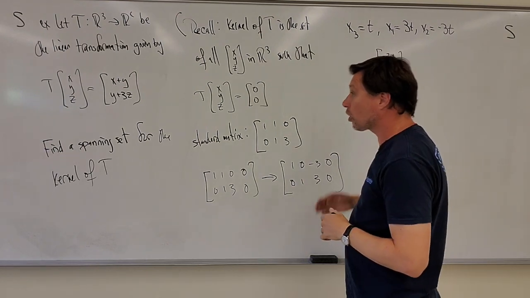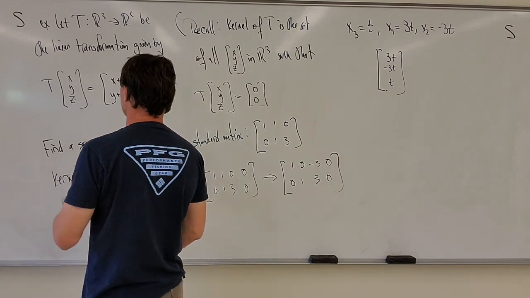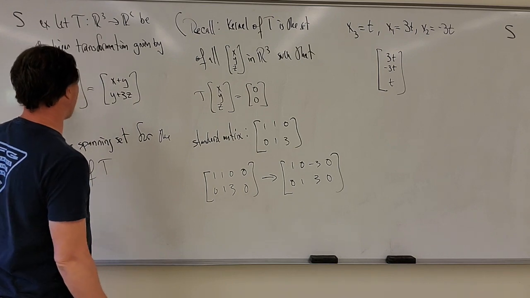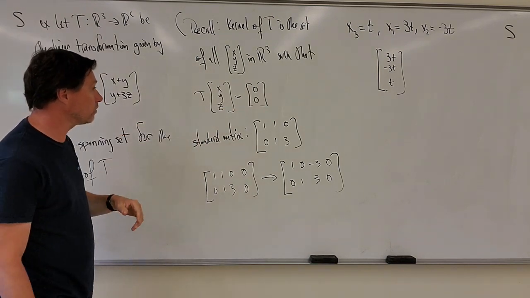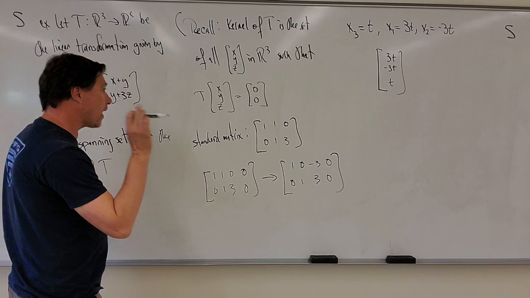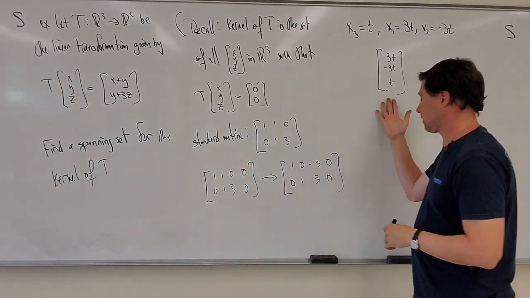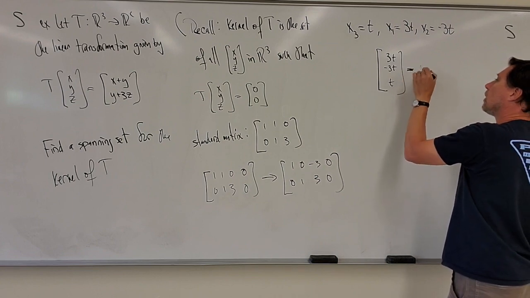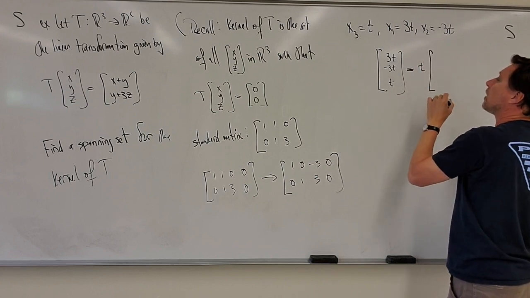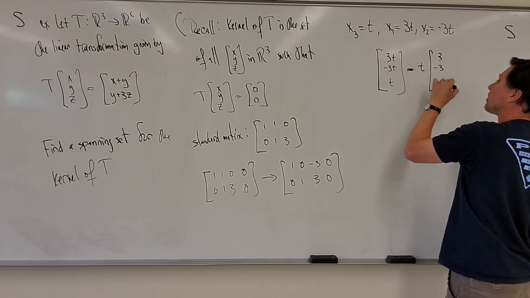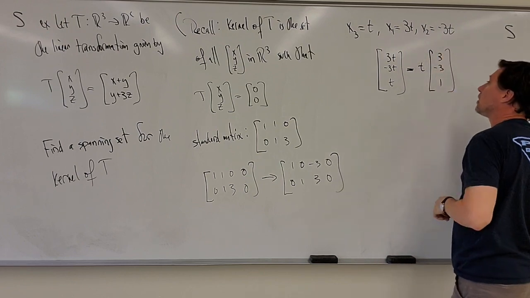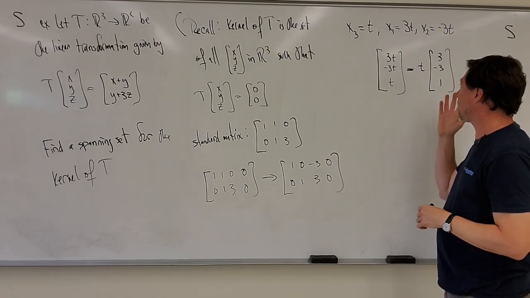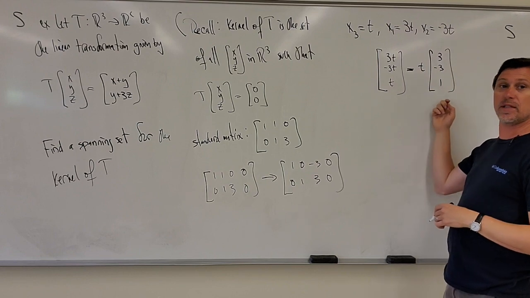So if you're in the kernel of this linear transformation right here, what that means is that when you plug in x, y, z, the output is going to be the 0 vector. Elements in the kernel look like this. And, okay, so fine. That's going to be t times 3, minus 3, 1. So every single vector in the kernel of T is of the form t times this vector right here.